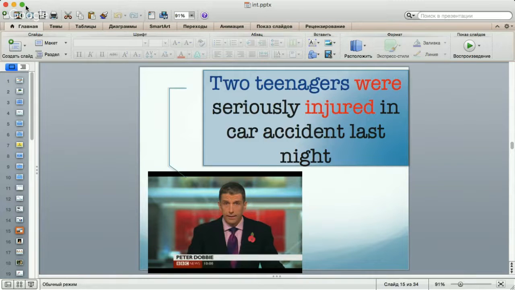Quite often, passive voice is used in different newspapers, in TV programs, in some articles you can find in magazines or in newspapers again, because you don't know the details. I mean, the people who write about different actions, they don't know the details. So 2 teenagers were seriously injured in car accident last night.